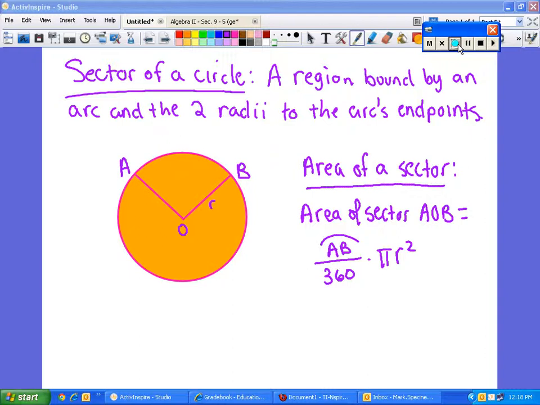So in my example, if I said this is 90 degrees, then I would do 90 divided by 360, and if I tell you that the radius is 5, we know that the area of the whole circle is 25 pi, right? 5 squared times pi. So the whole thing would be 25 pi. But if this is 90 degrees, what portion of the whole circle?